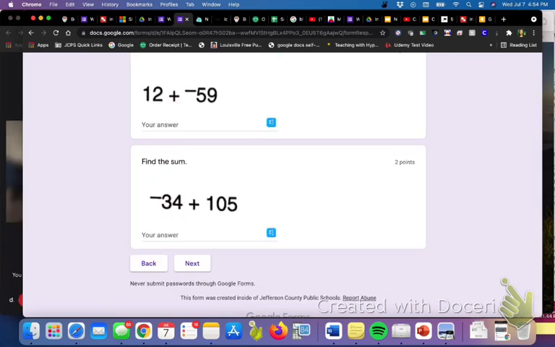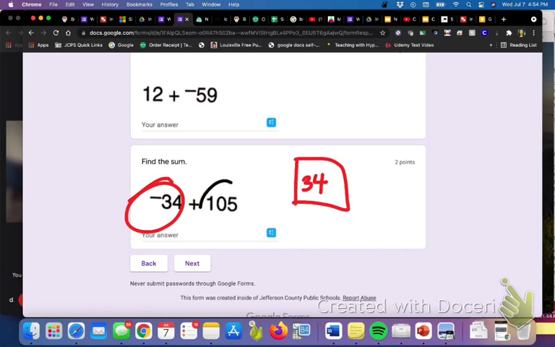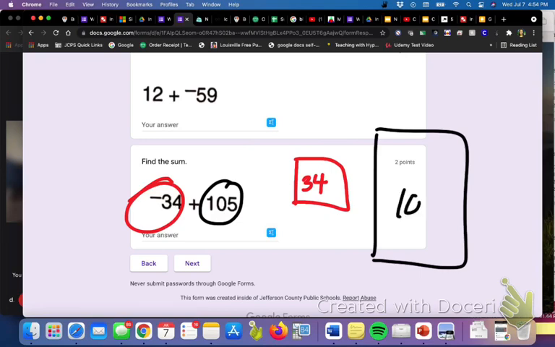Alrighty, for our last example, again, let's think about what's happening here. So we're going to start off with negative 34. That means we would put 34 negative chips into the workspace. And then we would combine that with 105 positive chips.